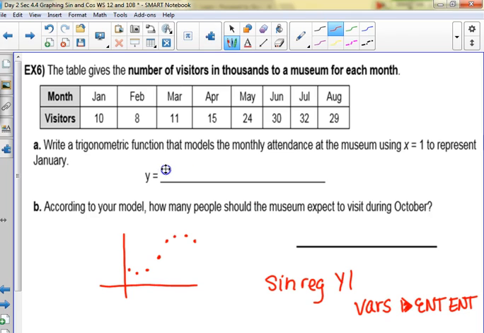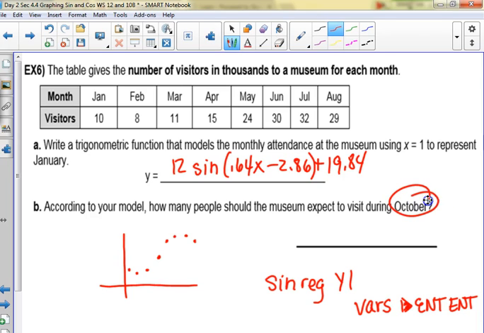All right, anybody get 12 sine 0.64x minus 2.86 plus 19.84, roughly? Okay, if you stored it, now how would you use it to find October?